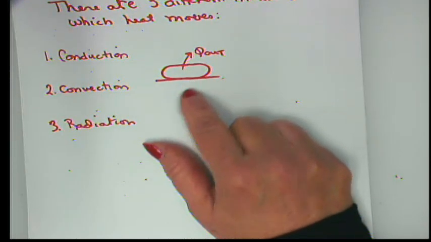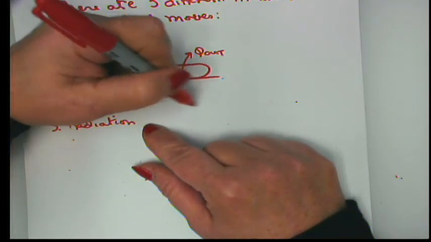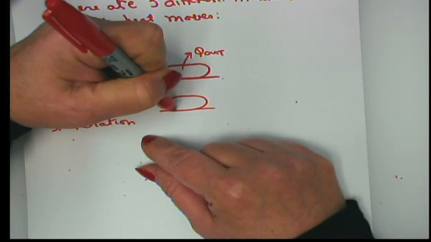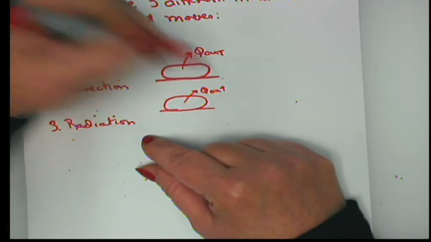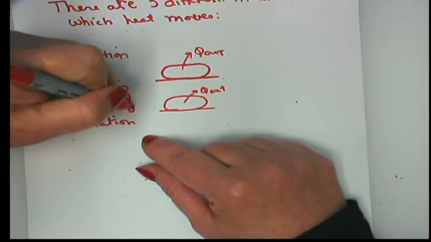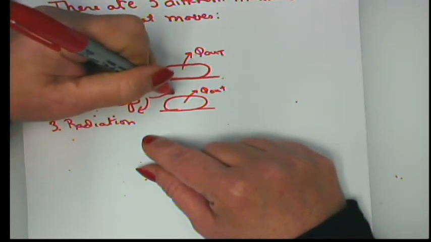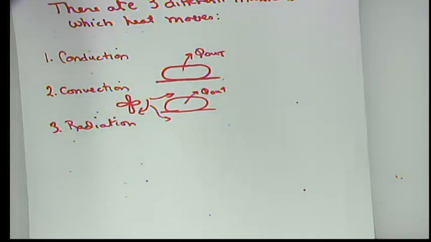Okay? Now, convection is if we have the same potato, only we want to use it to heat up our room, which is a really strange idea, or we want it to cool off faster, and we put a fan here, turn on the fan, air blows over the potato, and it cools off the potato faster. Okay?